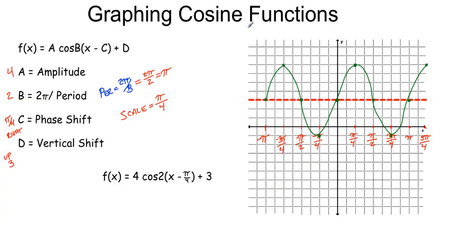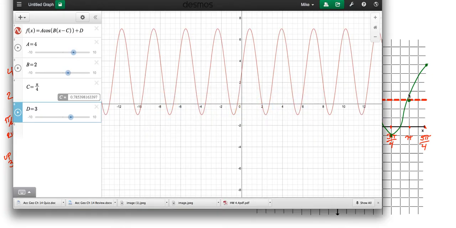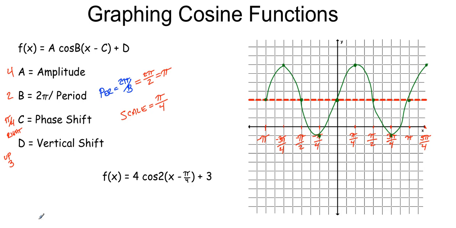And then the critical points, which we see here, here, here, here, here on the midline, are going to be coming at 0, at pi over 2, at pi. And if we look back here, we have one here at 0. We have one right here at pi, and then again over here at 2 pi. Or pi over 2. So that's an example of how you graph a cosine.